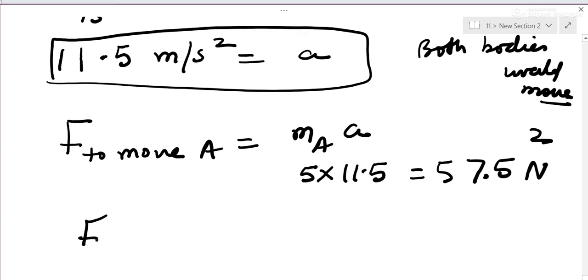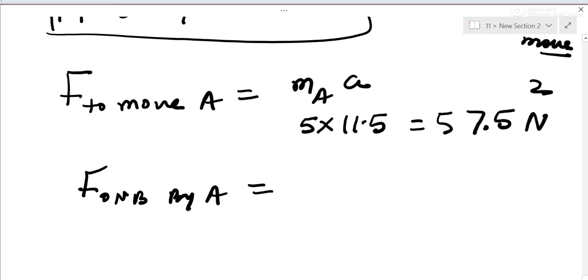So how much force will be transferred on B by A? The net force was 200.